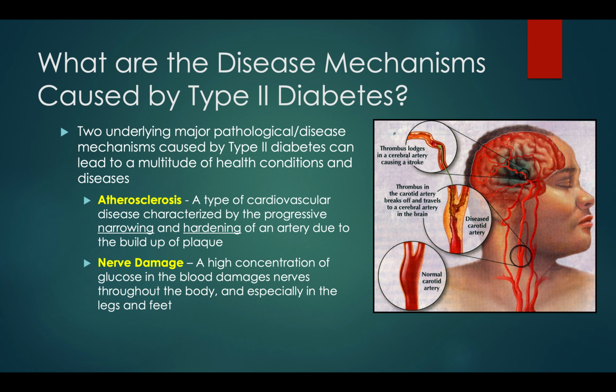Also, a high concentration of glucose in the blood is associated with damage to nerves throughout the body. And when we talk about peripheral neuropathy, then of course that is specific to the legs and feet.